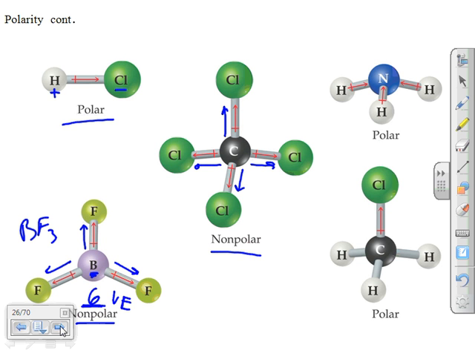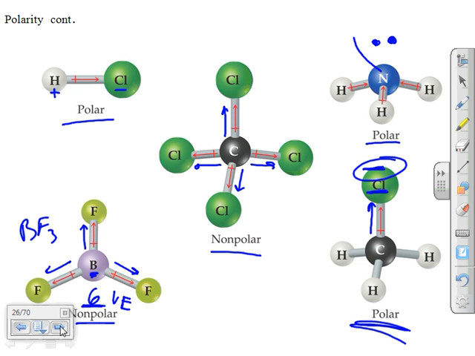Now if we look at some polar molecules, starting off with this bottom one here. Here we have the chlorine, which will be pulling the electrons more than the hydrogen will. And since it is not symmetric, you will have a greater negative charge on the chlorine end. Same thing with this NH3, this ammonia molecule. What's going to be missing here are these two unshared pairs of electrons.